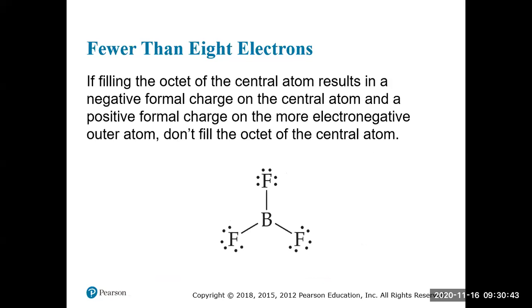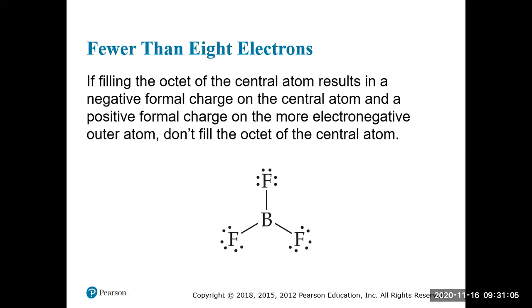So once again, if filling that octet on the central atom results in a negative formal charge on the central atom and a positive charge on the more electronegative outer atom, don't fill the octet. And like I said, BF3 is a real good example because the fluorine we know is very electronegative.